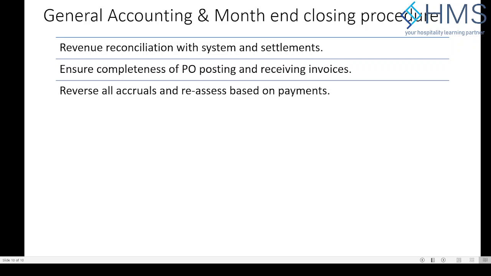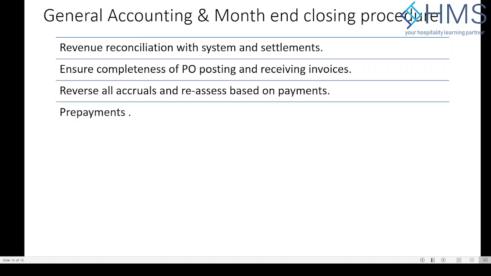You have to reassess based on how much you have actually paid and how much accrual you used to make, and then it becomes very easy to make an accrual entry on a monthly basis, rather than making fixed accruals and then finding out if there is any difference between the payment and the accrual and adjusting those, because that's an extra step that you have to take care of. So that's the process of the expenses. You will find that in your general ledger. So that's the second step.